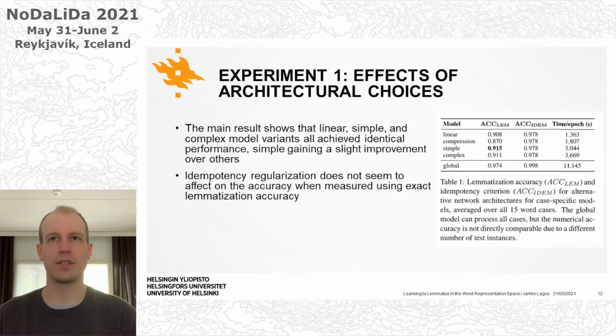It suggests that you cannot really touch the embedding dimensionality once it has been learned. And it seems that idempotency in this case doesn't really affect the lemmatization accuracy, so it just sets itself to the standard value. The simple model was the best, so this is what we use in the subsequent experiments.